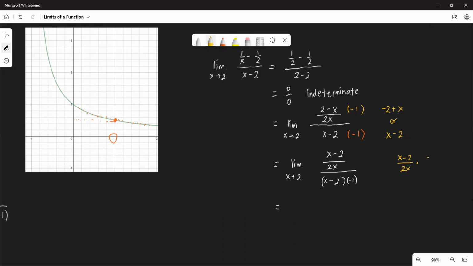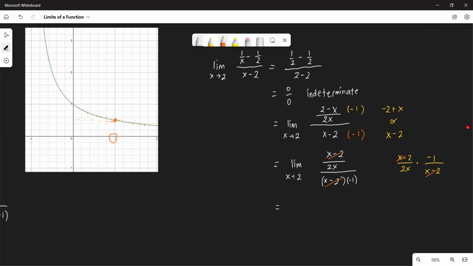Or just put the negative 1 here above, over x minus 2. We can put the negative 1 either in the numerator or denominator. It's just the same; the fraction is still negative. So that's why we can cancel it out, because of the common factor.